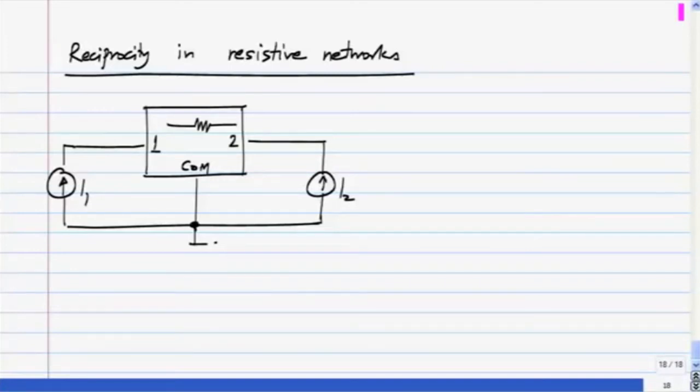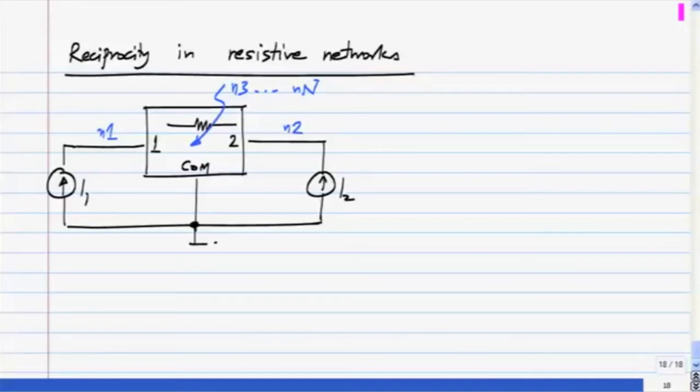Now what I'll do is this network itself is quite arbitrary. There can be any number of nodes inside. So I will label this as node N1 and this as node N2, and inside there could be any more number of nodes, and I will call them N3 to N capital N. So there are a total of capital N nodes in the circuit.